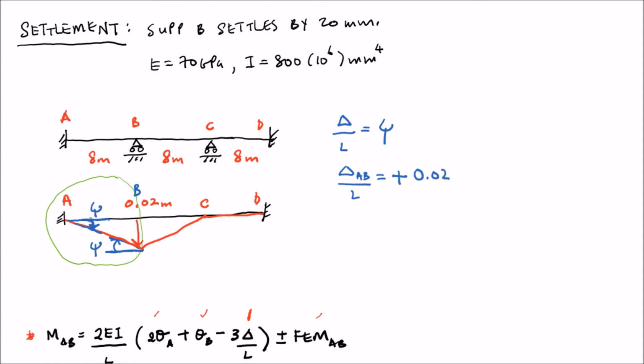It's basically the tangent of the rotation, divided by 8 meters. So it doesn't matter whether it's AB or BA, you are going to get the same value. It's basically psi AB. This is AB, this is also AB, because you always get the same value.